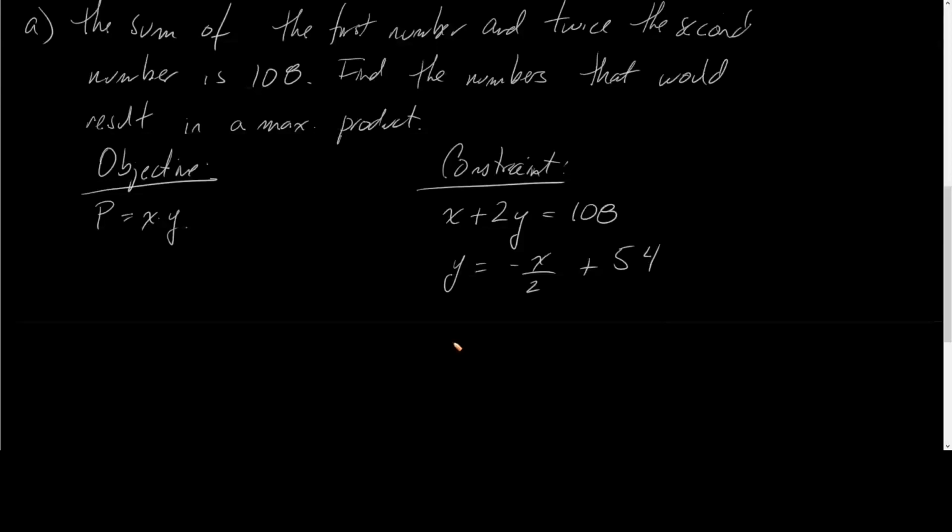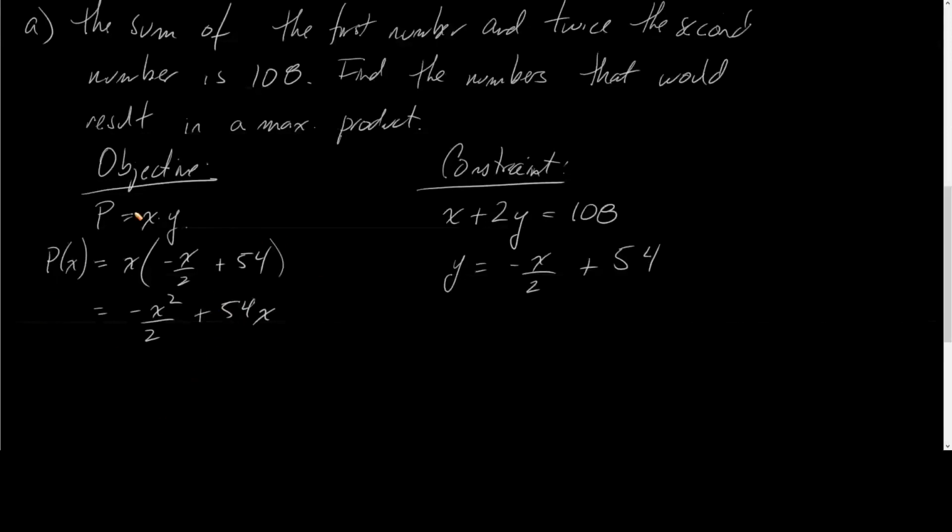At that point, that tells me now that P as a function of x would be x times negative x over 2 plus 54. In other words, negative x squared over 2 plus 54x. And now look at that.